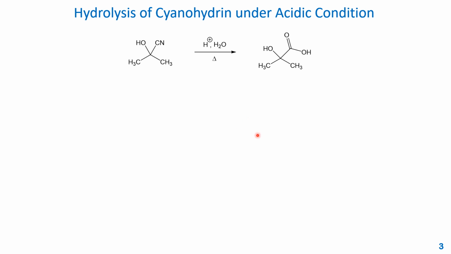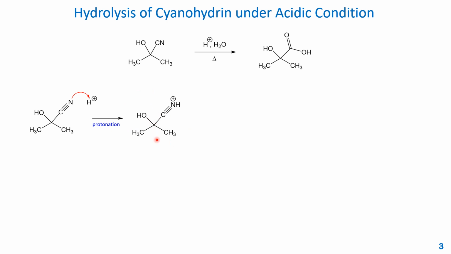In the arrow pushing mechanism, the first step is protonation of this cyano group. The lone pair on the nitrogen takes the proton and forms this protonated intermediate.